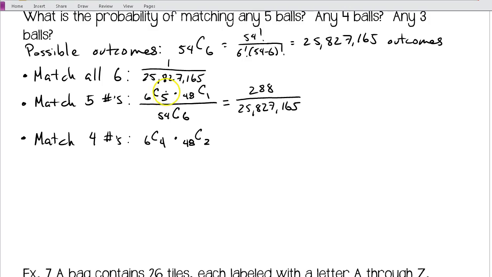Notice how up here I have 5 and 1, that gives me the 6, and here I got 4 correct, which means I got 2 of the other 48 that weren't correct in there somewhere. Again, our possible outcomes are 54 choose 6. If we calculate this, we're going to get 16,920 out of 25,827,165.